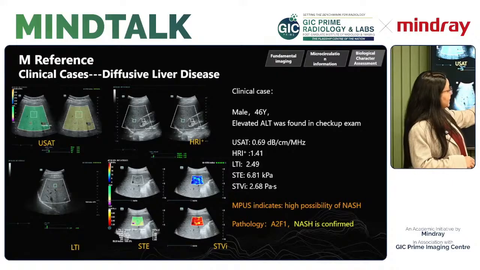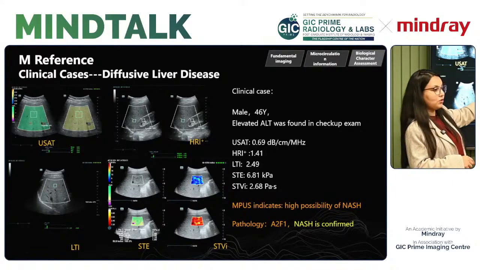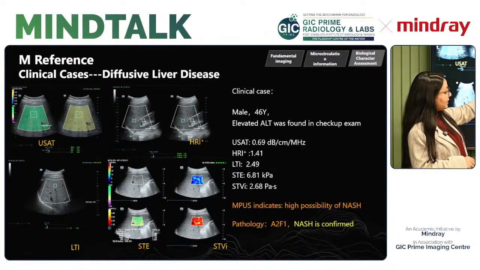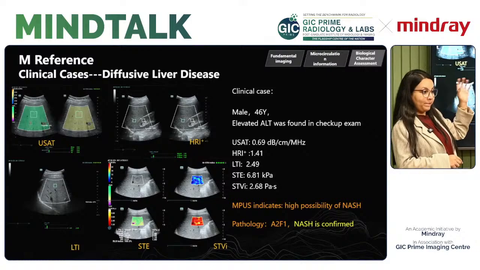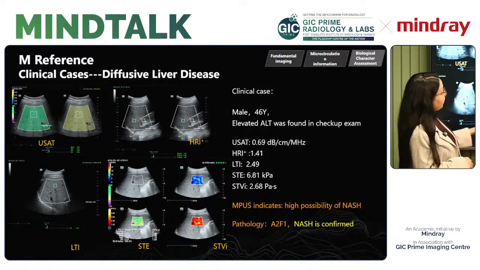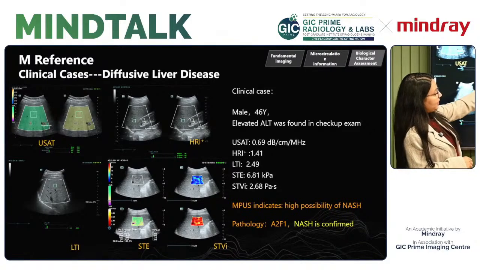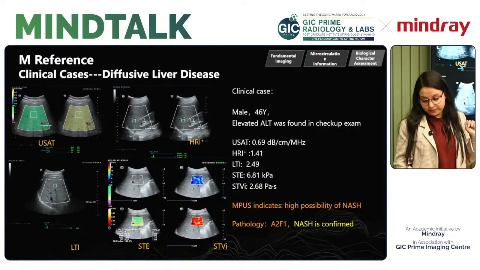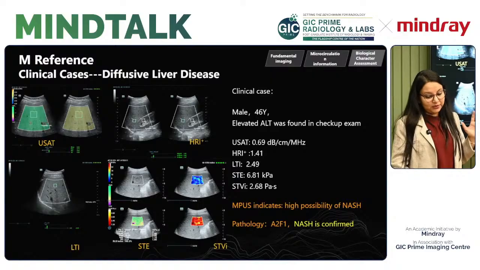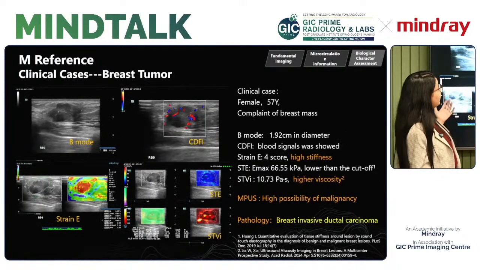You are able to get the STE, which is your sound touch elastography. You are able to get the viscosity. You are able to get the USET, which is the fat quantification. So all these four parameters and four values you are getting in one touch, one single breath hold of a patient.